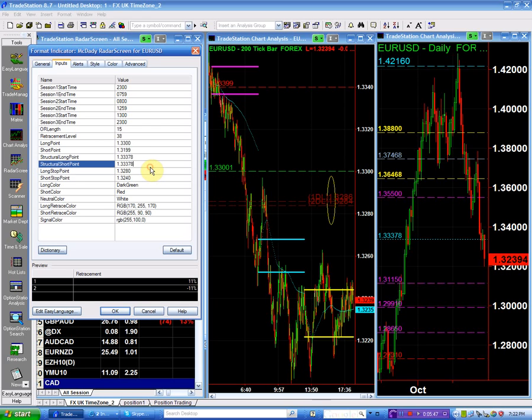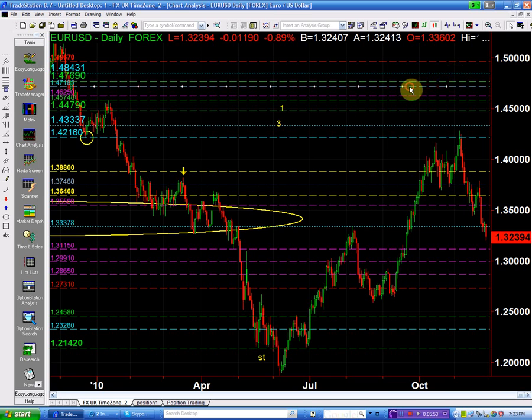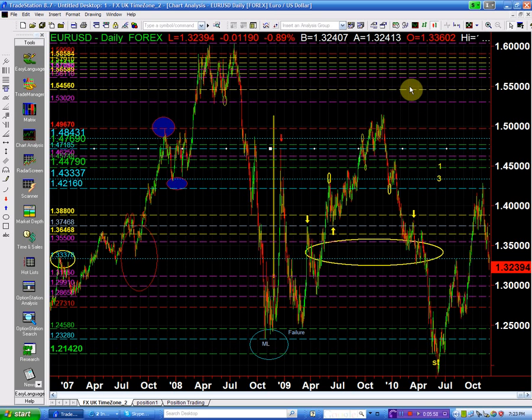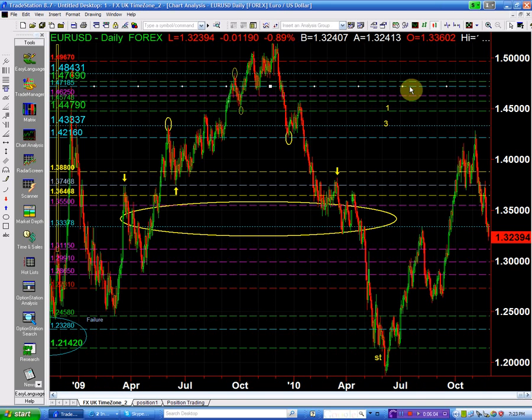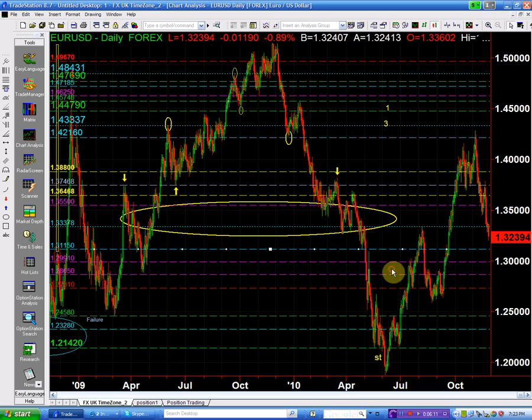And my structural short point, that's the only thing that's left, is going to be in this case the 131.15.